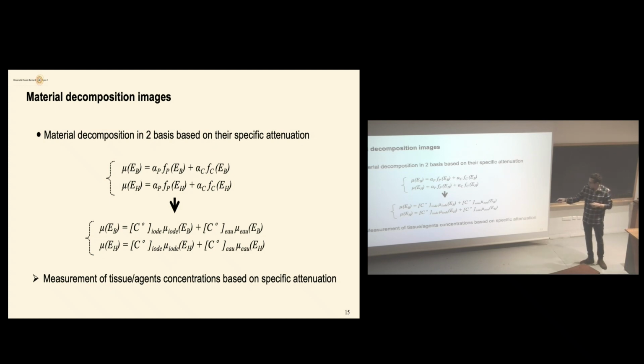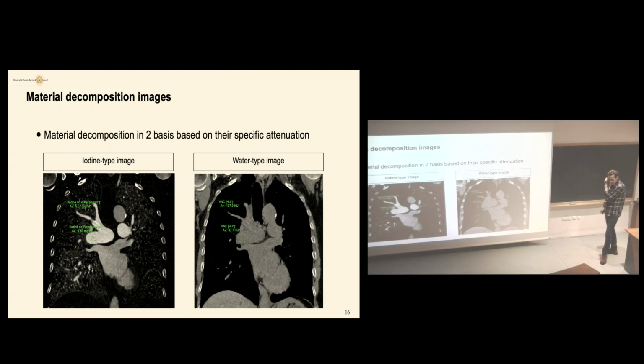He doesn't need water, he needs calcium and uric acid. So you also need to develop in that way. Anyway, the principle of this material decomposition process is to decompose your voxel, your image, between two material bases, which are somehow representative of the photoelectric and Compton effects, but not quite right. So let's look at how it goes in the image.